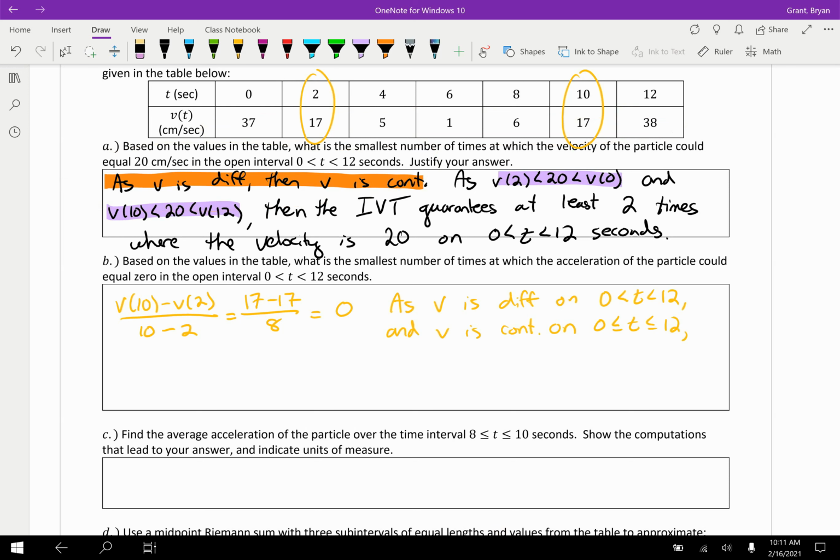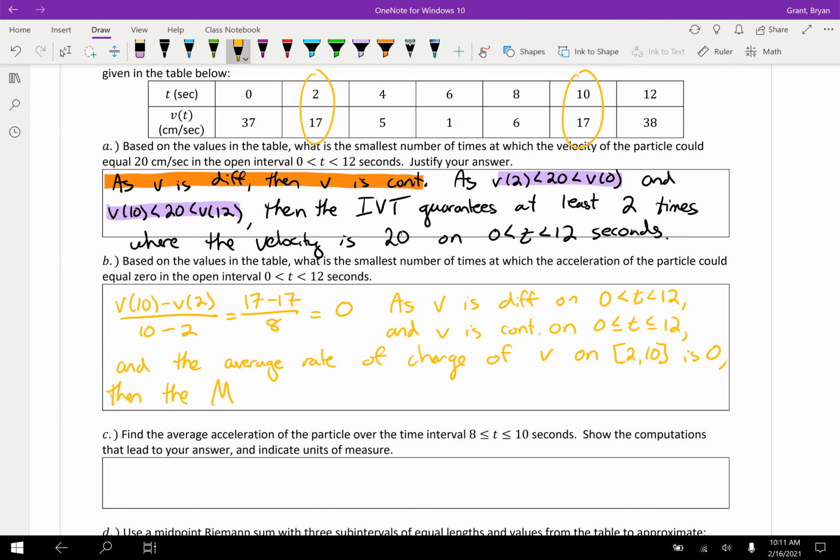And we could say the slope of the secant, let's do the average rate of change of v on 2 to 10. I found the slope from 2 to 10 here. On 2 to 10 it is 0.